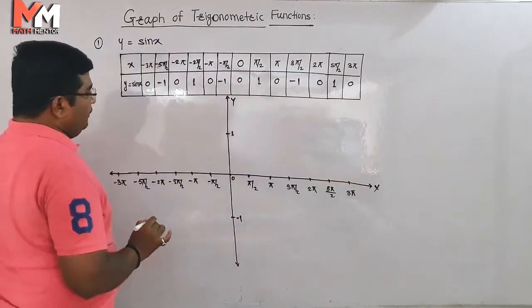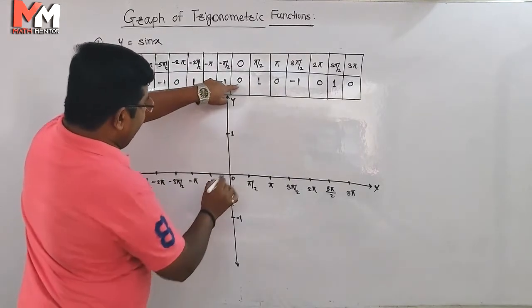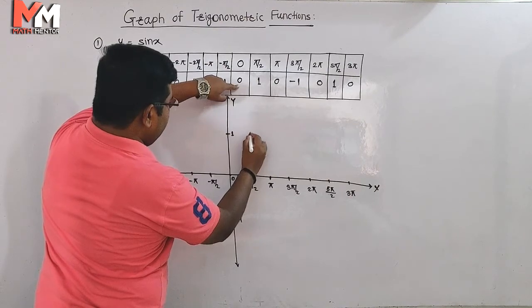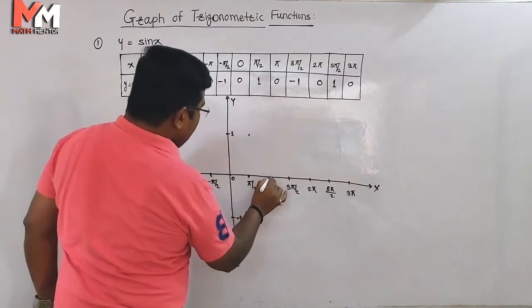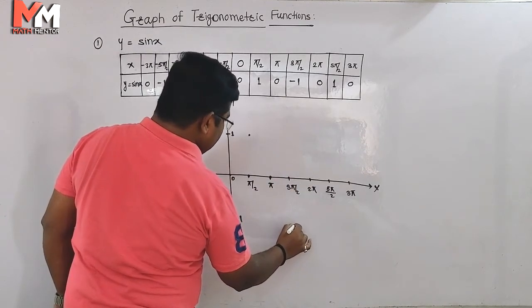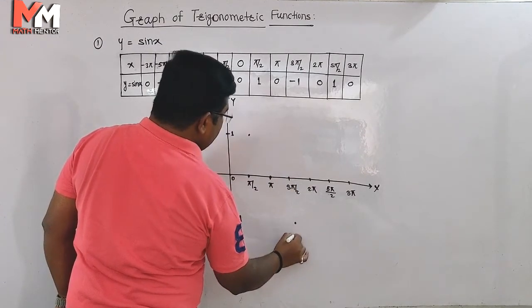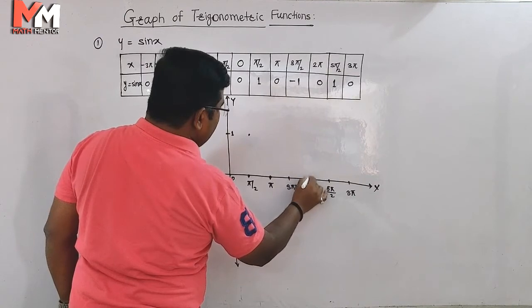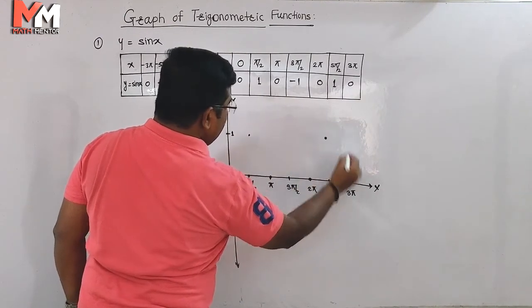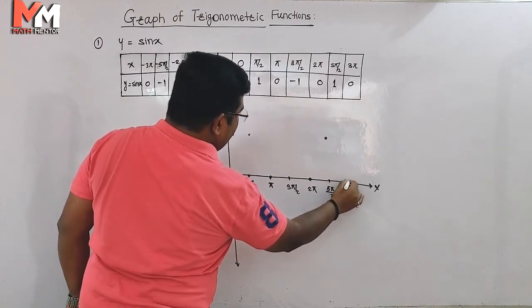Okay, so let us see: sin 0 is 0, sin pi by 2 is 1, sin pi is 0, sin 3 pi by 2 is minus 1, sin 2 pi is 0, sin 5 pi by 2 is 1, sin 3 pi is 0.